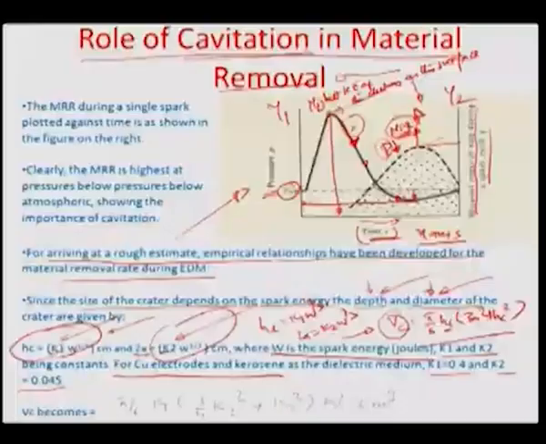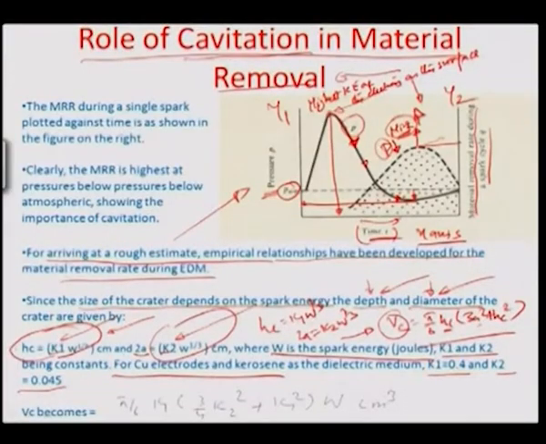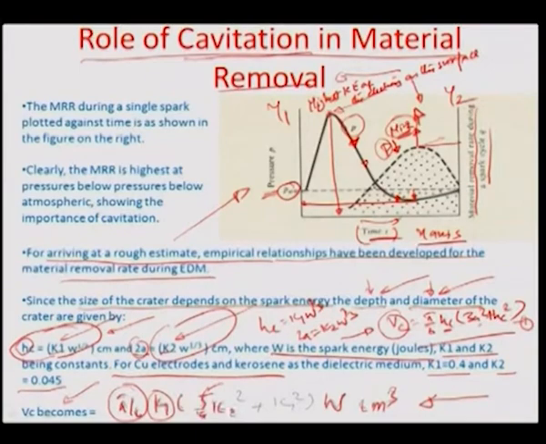Therefore, if we put these two empirically obtained formulations for Hc and twice a into the spark volume estimate, represented here by equation 1, Vc becomes equal to pi by 6 times k1 times 3 by 4 k2 square plus k1 square W to the power of 1, in centimeter cube. That is how you would characterize Vc, just substituting these two values.